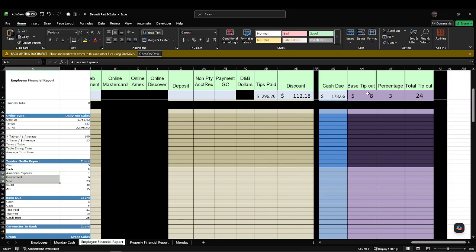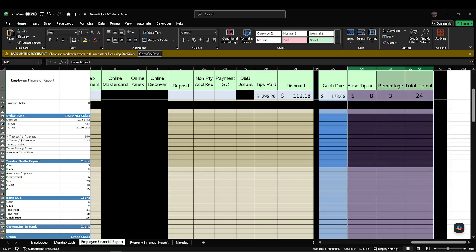There was another issue going on where tips were not being properly counted. So this stuff over here is extra, so I can have a mental note of how much each person should be tipping out.